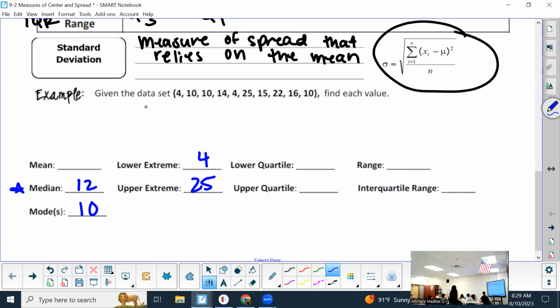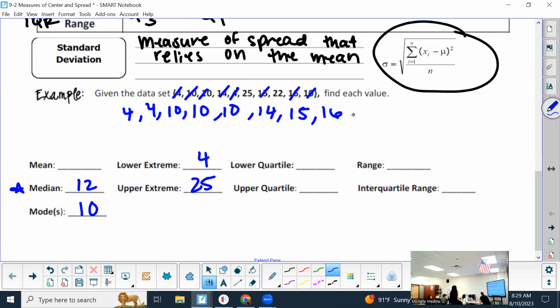Let me just double check the median because for some reason I can't remember doing that. All right, so you always want to make sure your data is in order. That's what I'm doing right now. I'm crossing them out as I go, so that way I don't miss any. 14, 15, 22, and 25.